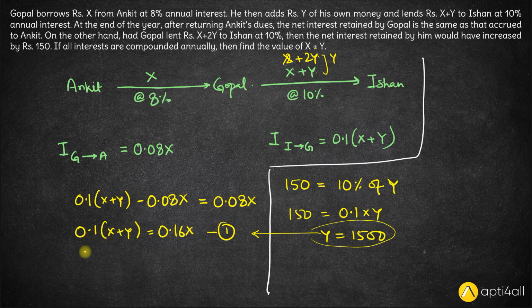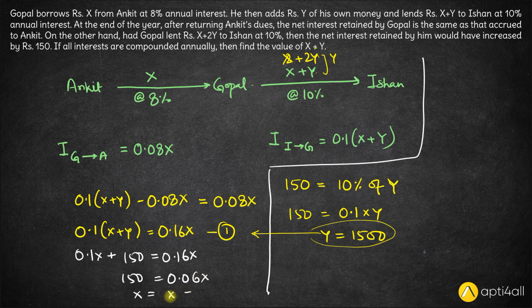So we have 0.1X plus 0.1 into 1500 is 150, which is equal to 0.16X. So 0.16X minus 0.1X is 0.06X, which is 150. So 0.06X.